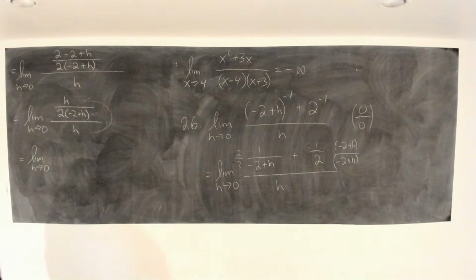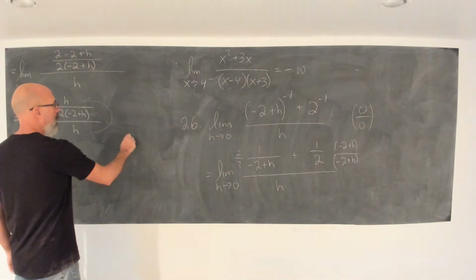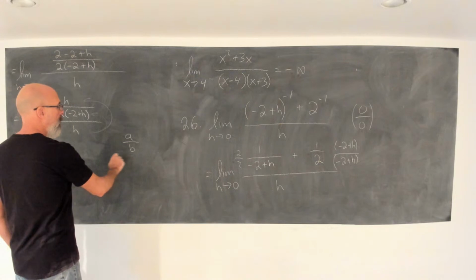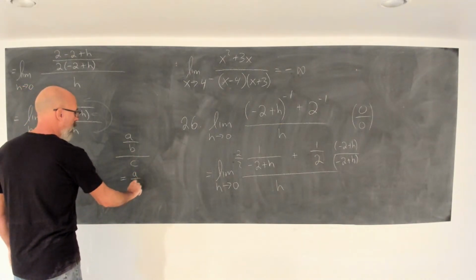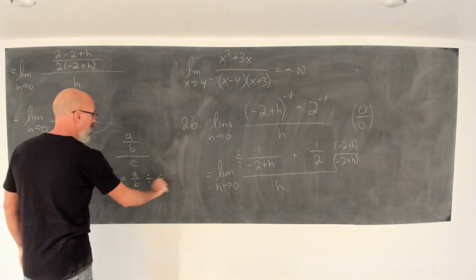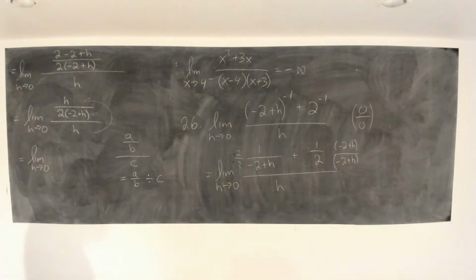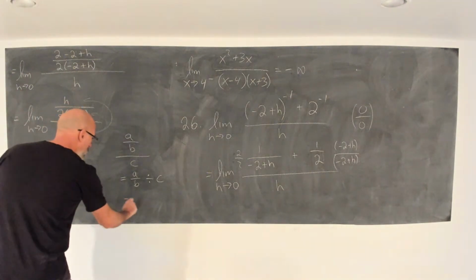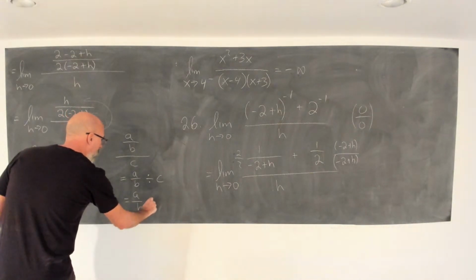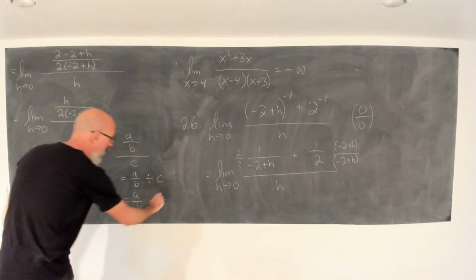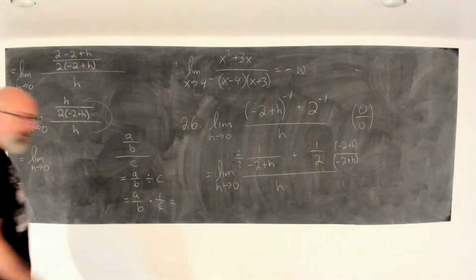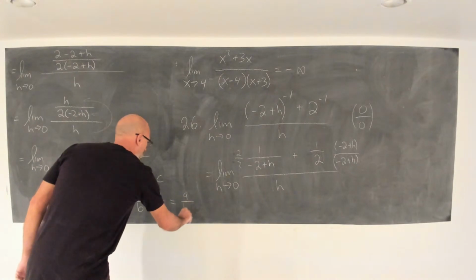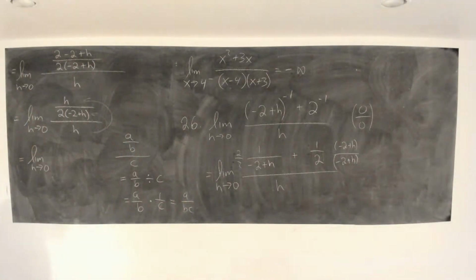It's not clear. Let's convince ourselves. Let's rewrite this as a over b divided by c. And when you divide by something, it's like multiplying by the reciprocal. So the reciprocal of c, 1 over c. And now it's clear. The answer is the denominator.